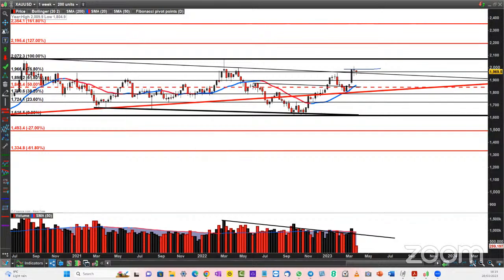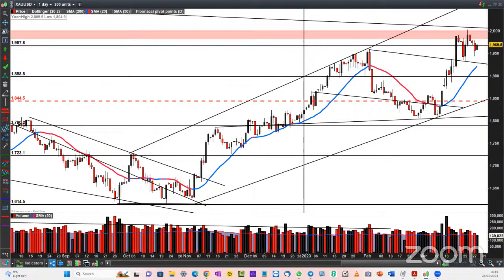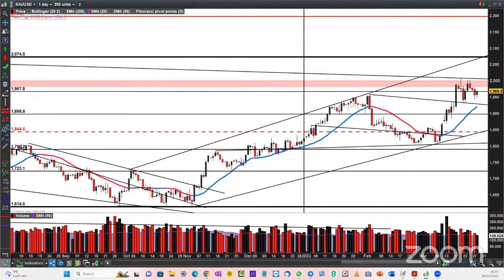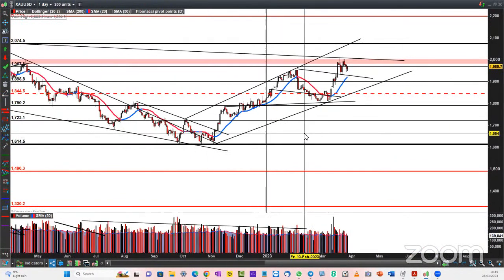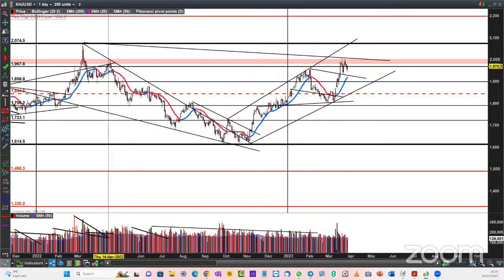Okay, so let's take a quick look at the daily. We'll talk about indices in a minute. So here's the daily chart with all my analysis on it. We are at breakdown area from April last year.